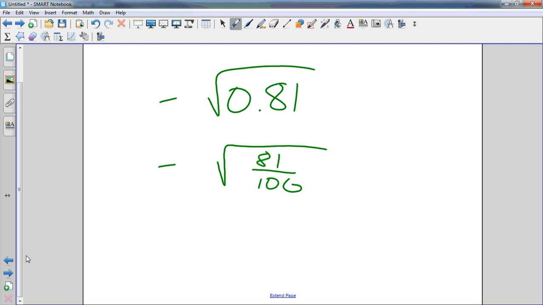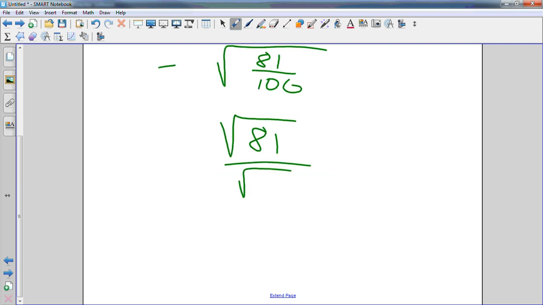Then we take the square root of the top over the square root of the bottom. The square root of 81 is 9. The square root of 100 is 10. So I have negative 9 over 10. That's just like 0.9, right? Yep, negative 0.9, because of the negative.